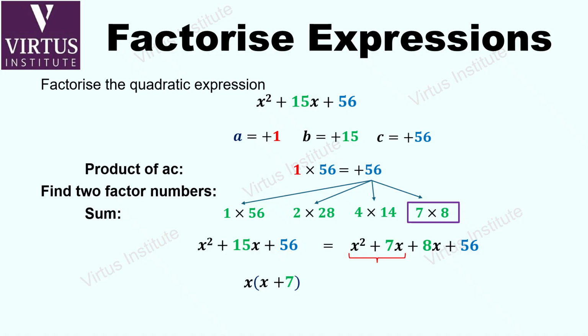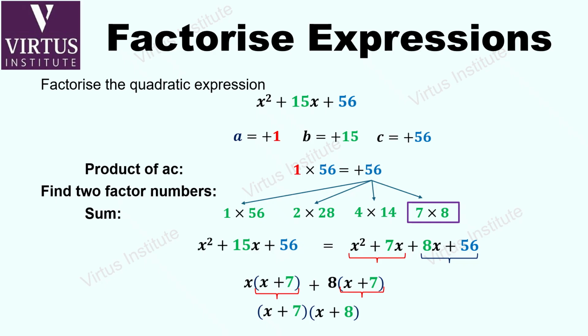And factorizing the last two terms becomes 8 multiplied by x plus 7. x plus 7 is a common factor of both terms. So make this the first bracket, and x plus 8 makes the second bracket. Thus, the two numbers going into the brackets are plus 7 and plus 8.